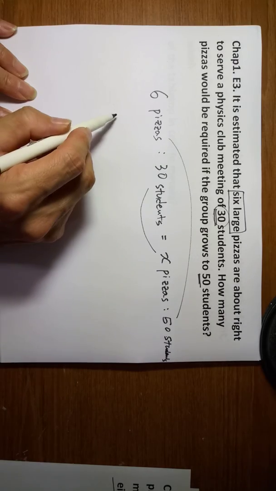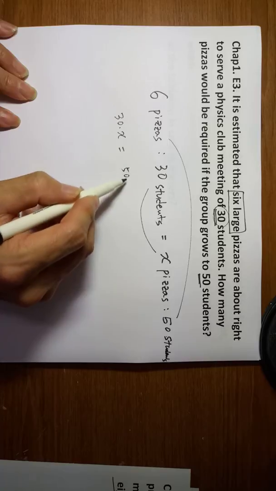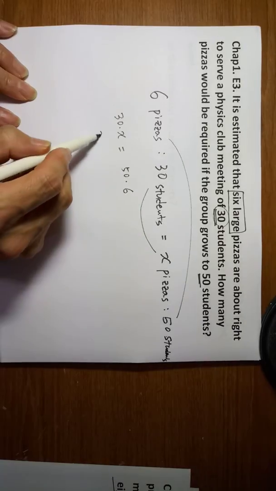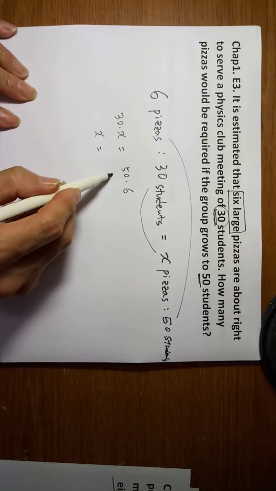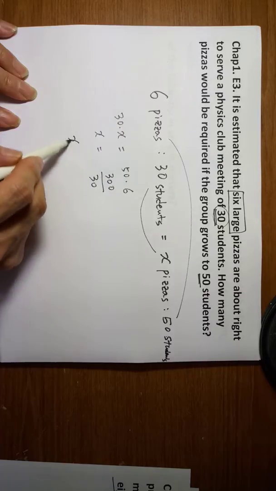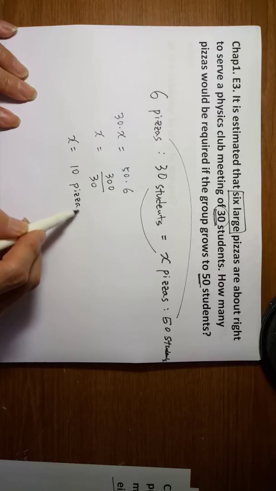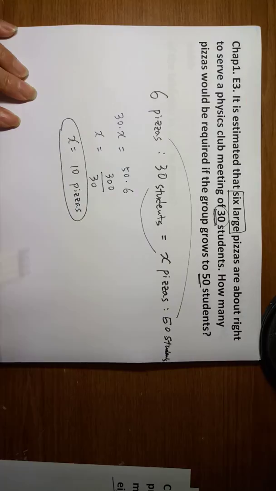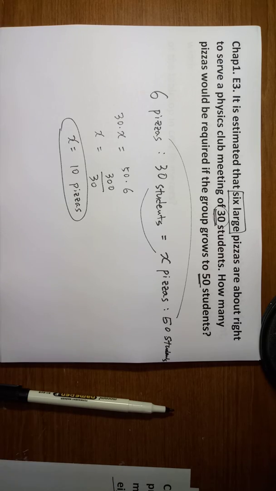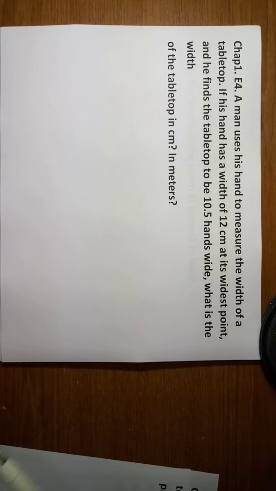Then 30 times x equal 50 times 6. And your x is 300 divided by 30. And your x supposed to be 10 pitchers.